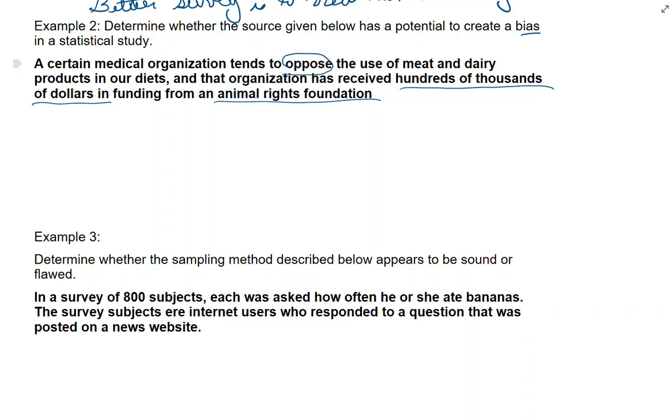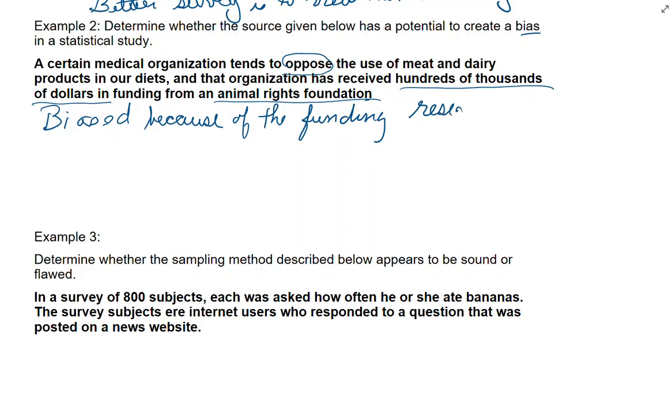So this is a bias in how it's approached and the money they received. So this one is biased because of the funding received from Animal Rights Foundation.